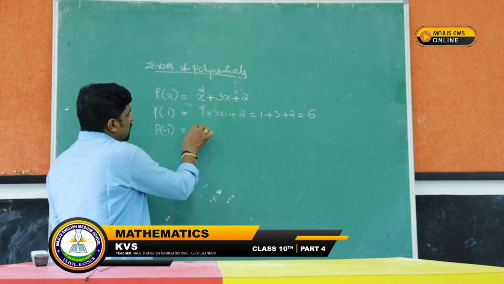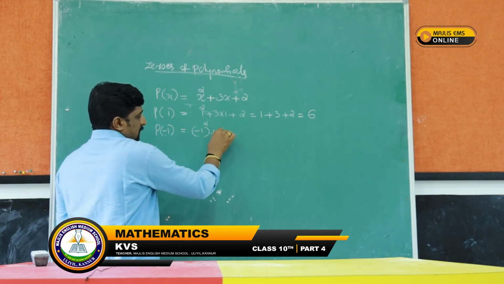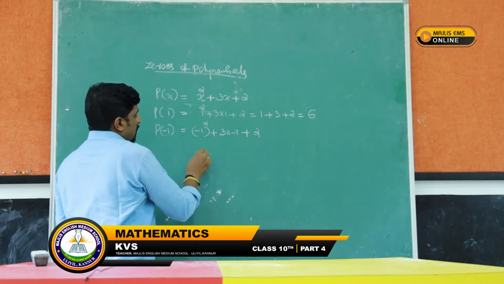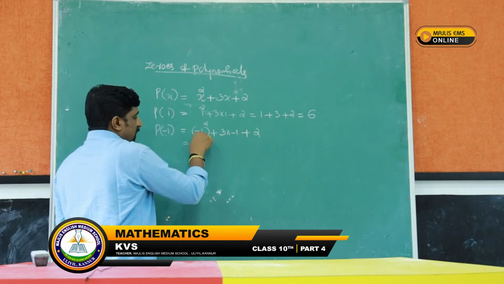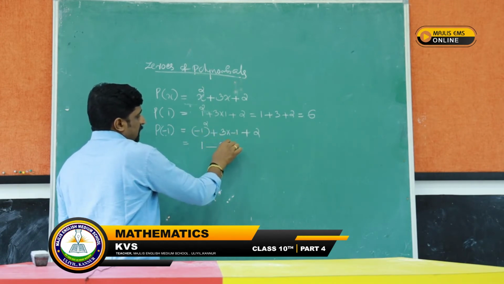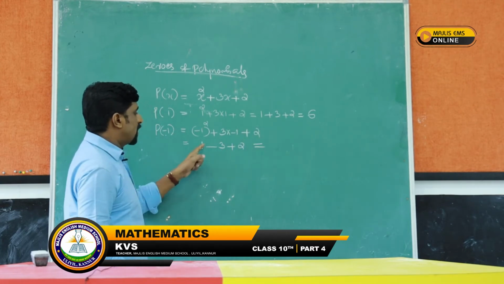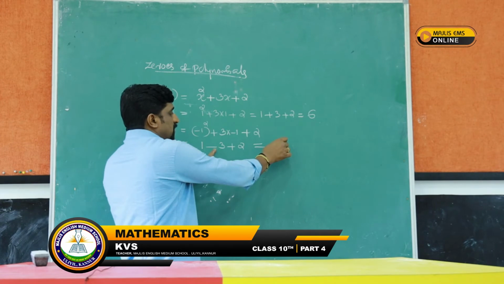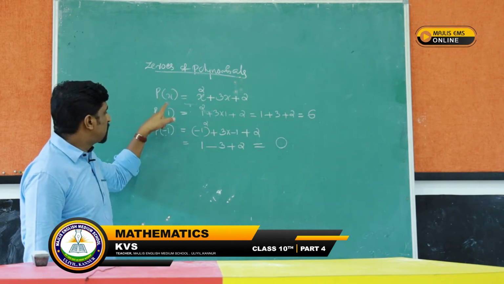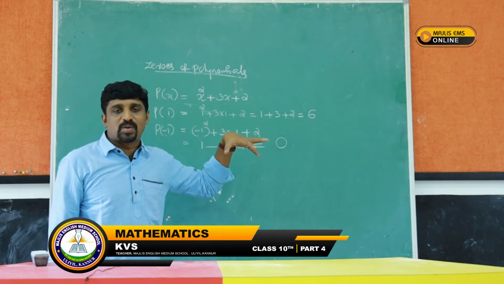P of minus 1 means minus 1 square plus 3 into minus 1 plus 2. Minus 1 square is 1, 3 into minus 1 is minus 3, plus 2. Here 1 plus 2 is 3, 3 minus 3 is 0. When we substitute x equal to minus 1, the answer is 0.